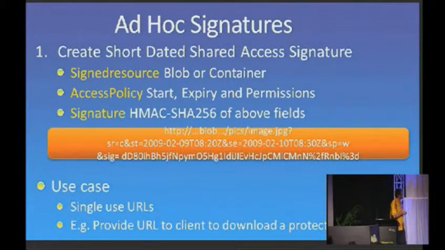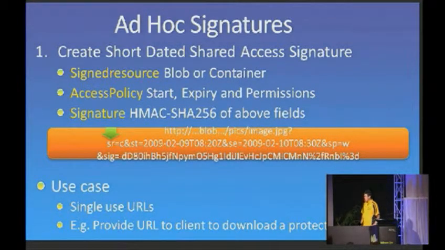And then we create a signature of those fields using our key, using the storage account key that only we hold, that we hold on the server. We can then send that URL down to the client, and that client can use that URL to download that protected blob, or indeed to upload into that protected container or protected blob for that period of time.